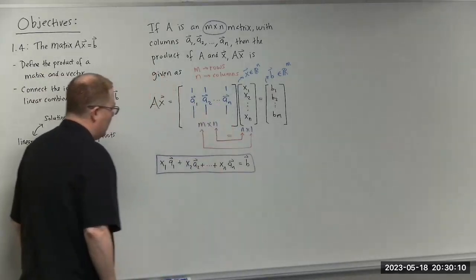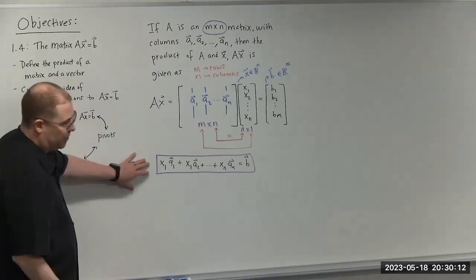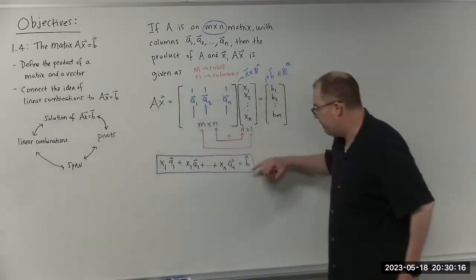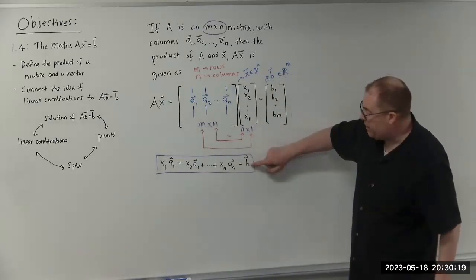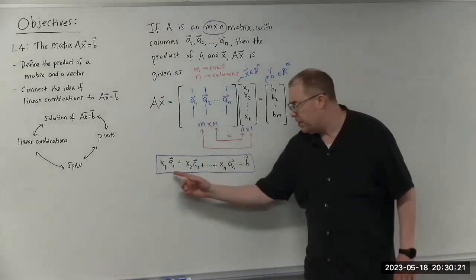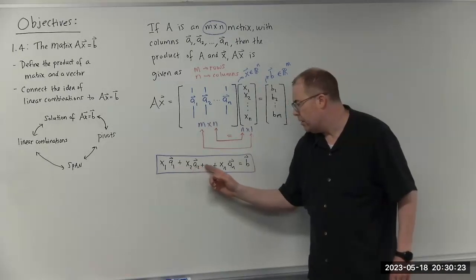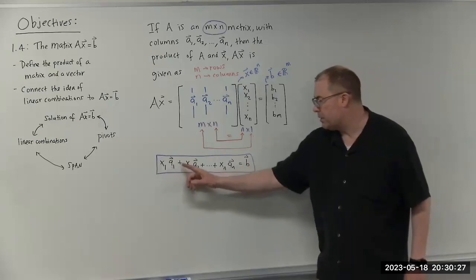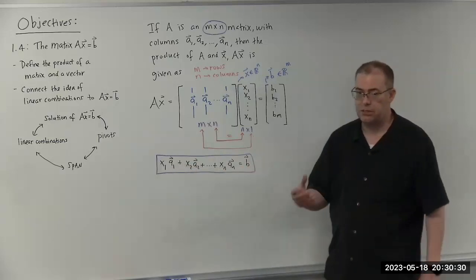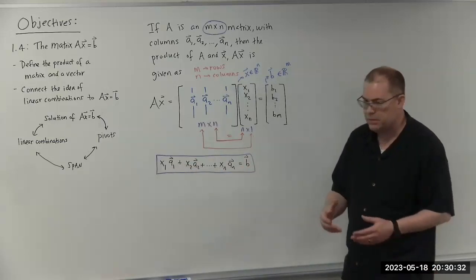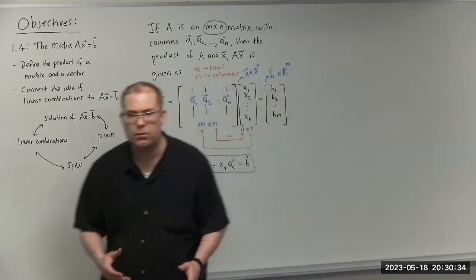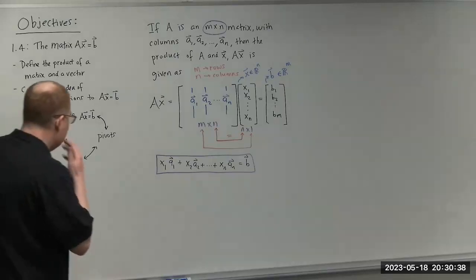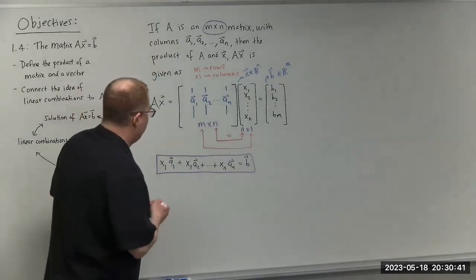One thing you should recognize, and this was actually discussed in section 1.3, is that this is really saying that whatever this vector is can be written as a linear combination of a1, a2, all the way up to a_n. And remember, x1, x2, ..., x_n are just numbers. Another term for those is scalar values.